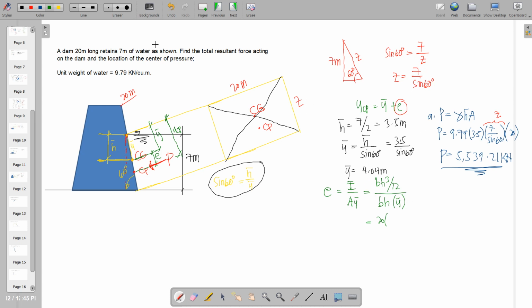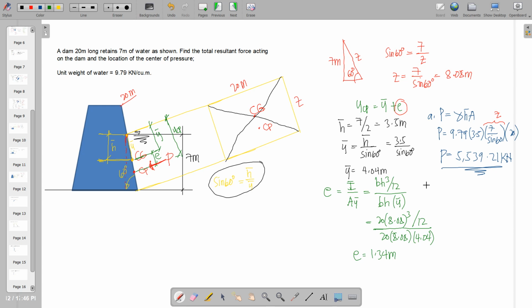By the way, 7 over sine 60 is equal to 8.08 meters. So we just place it in here, 20 times 8.08 cubed, divided by 12, divided by 20 times 8.08 times the computed Y bar, 4.04 meters. So upon computation, we can get E is equal to 1.34 meters.